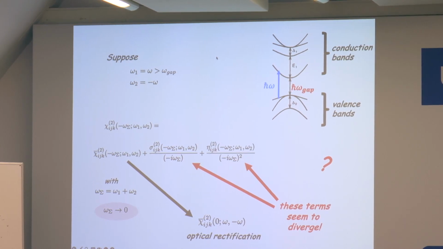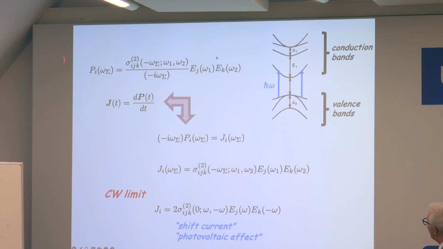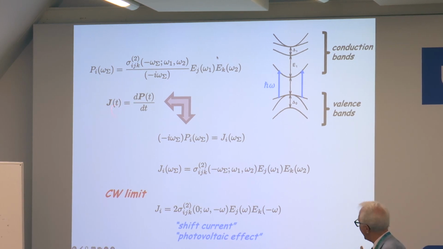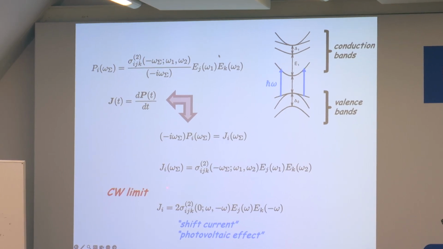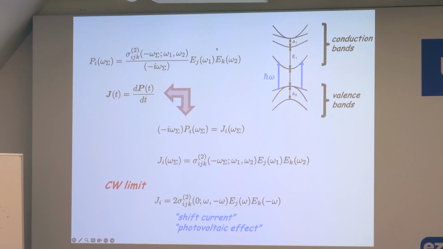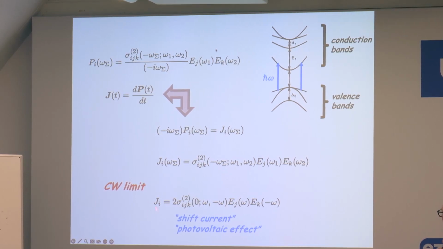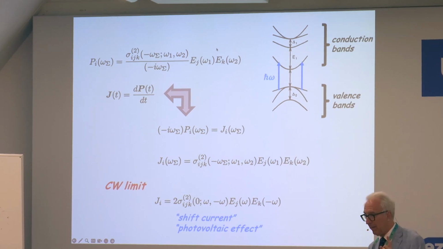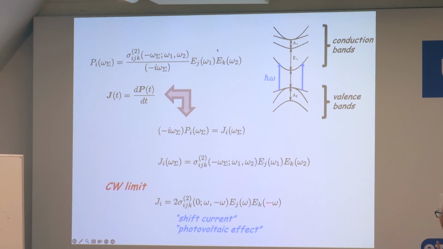Let's look at them. Let's look at the sigma 2 term first. That says I have a polarization that goes like this. But we have to remember that J is dP/dt. So what this really means is that I have a J that goes like sigma 2 times E times E, and in the CW limit I get a J that's independent of time, proportional to E of omega, E of minus omega.